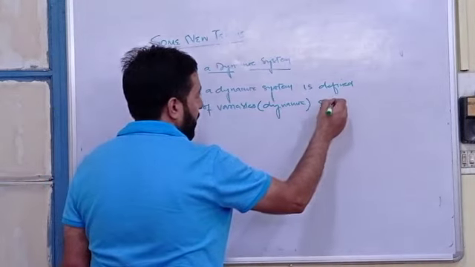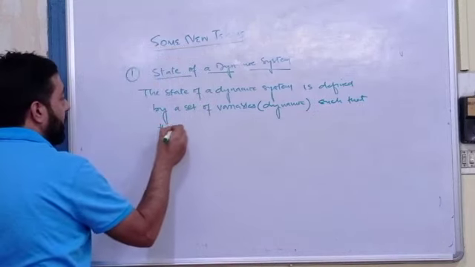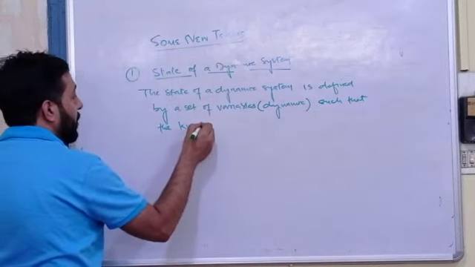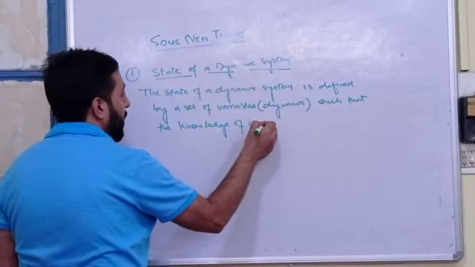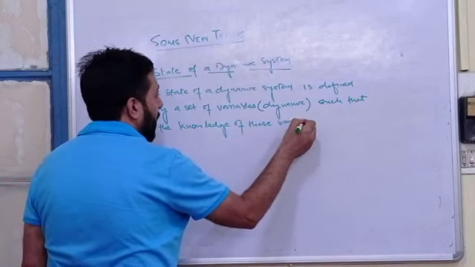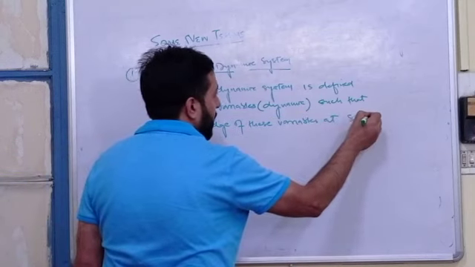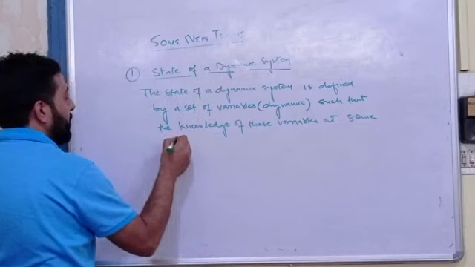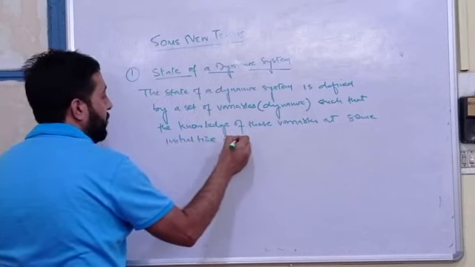Such that the knowledge of these variables at some initial time t equal to t naught.